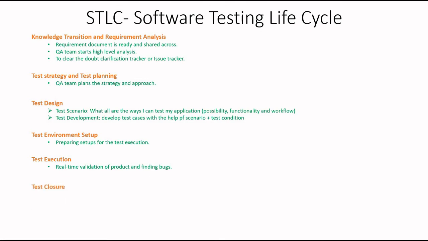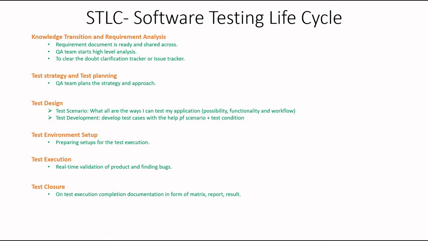Next is the test closure. This is the final and very important step. Now we have executed our tests. On test execution completion, there will be certain documents that we would have, like the metrics, or we can say RTM. RTM is the requirement traceability matrix. We got the requirements in the knowledge transition and requirement analysis phase, and we have mapped our test cases and test scenarios to the bugs.